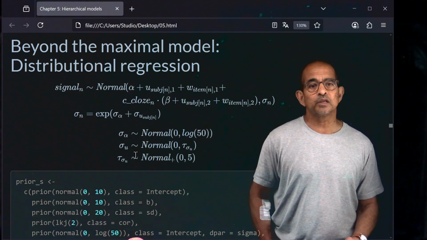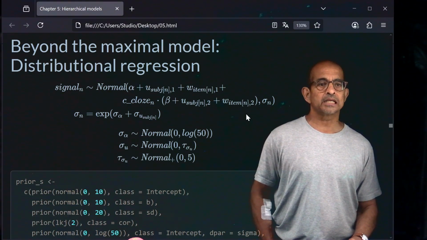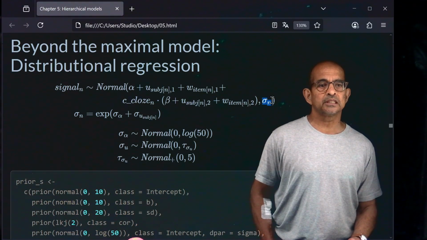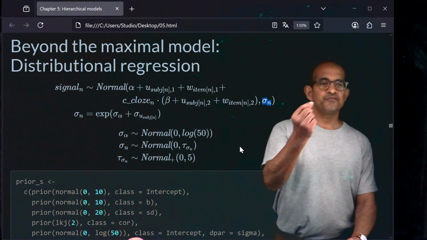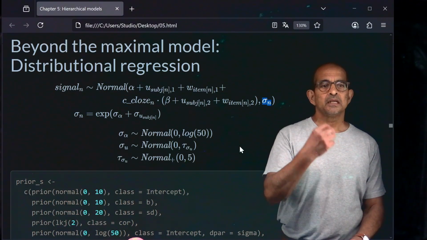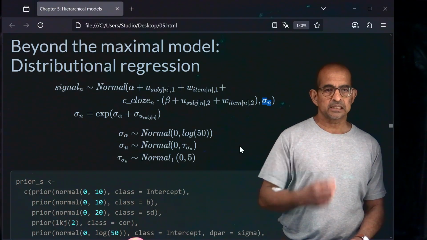And the way this would work is everything else in this model is exactly the same as what you've seen in the maximal model. The only new thing is that for every subject, I'm going to have a different residual standard deviation.